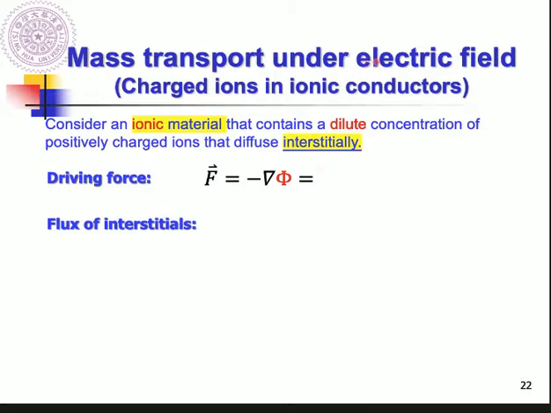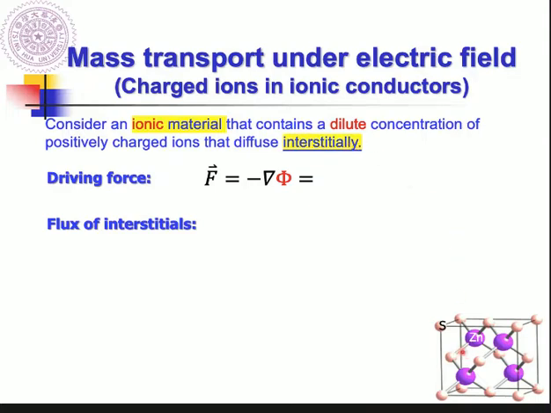When you apply an electrical field on ionic materials that contain a dilute concentration of positive charge ions that diffuse interstitially, for example, an ionic material like ZnS, within this ionic material there is a dilute concentration of copper positive charge ions. These ions are located at interstitial sites and also diffuse through interstitial sites, so we say they diffuse interstitially.